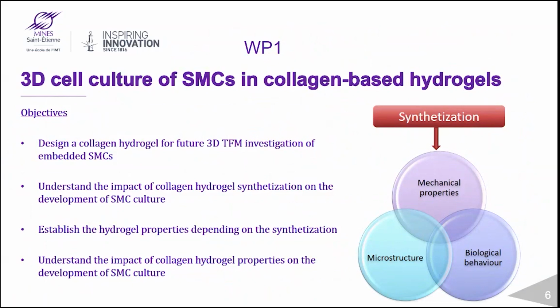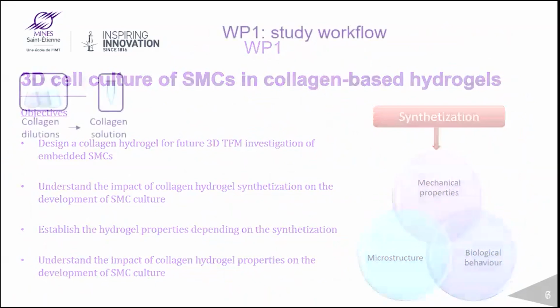So the first step was to design a hydrogel which would be optimal for the study we want to proceed. Then we wanted to understand the impact of the different parameters of the matrix on the smooth muscle cell culture and the population. And finally, we wanted to understand how the mechanical property of the hydrogel would also impact the smooth muscle cell culture.